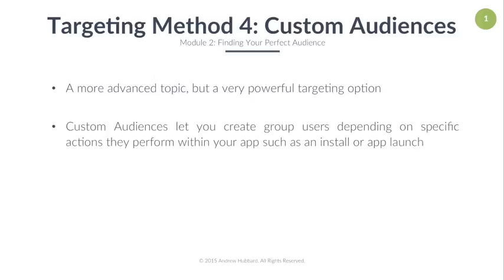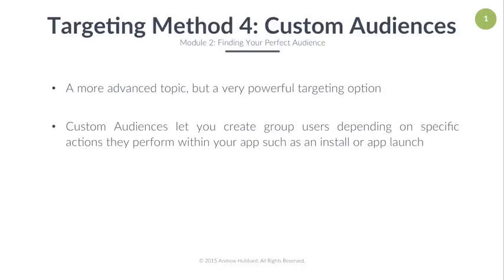So what is a custom audience? Basically, it's a group of users who have completed a specific action within your app. So you set up a custom audience and you define an action, say app installs, and every time somebody installs your app, they are added to that custom audience.